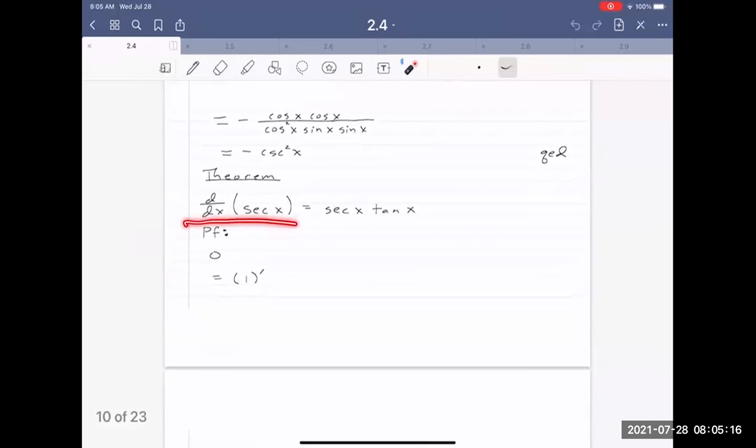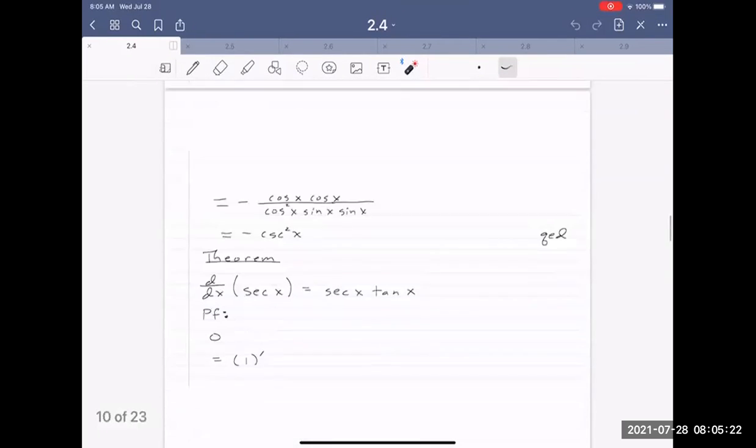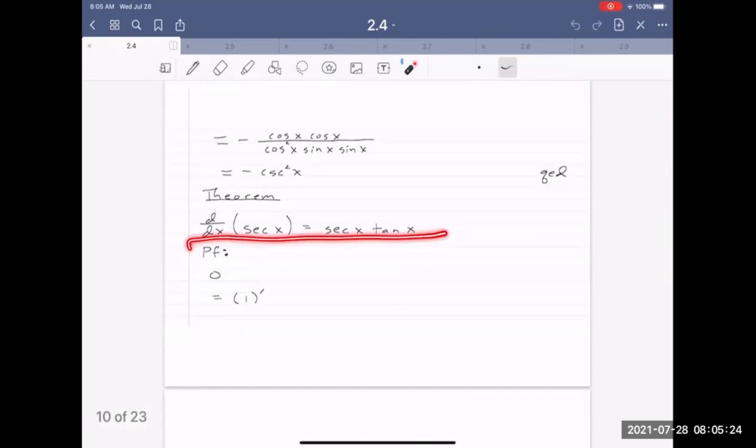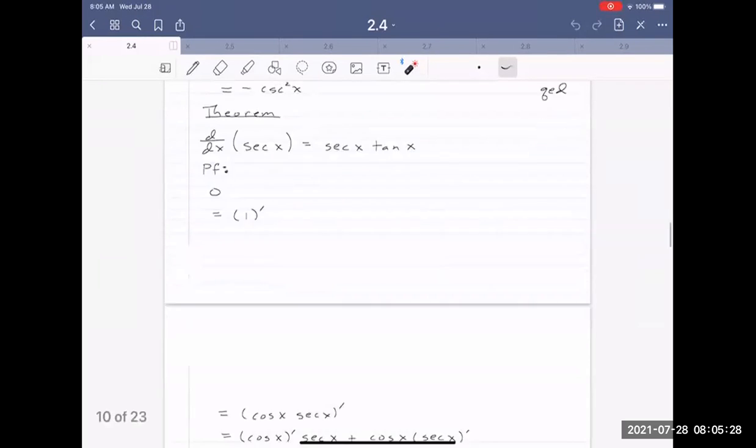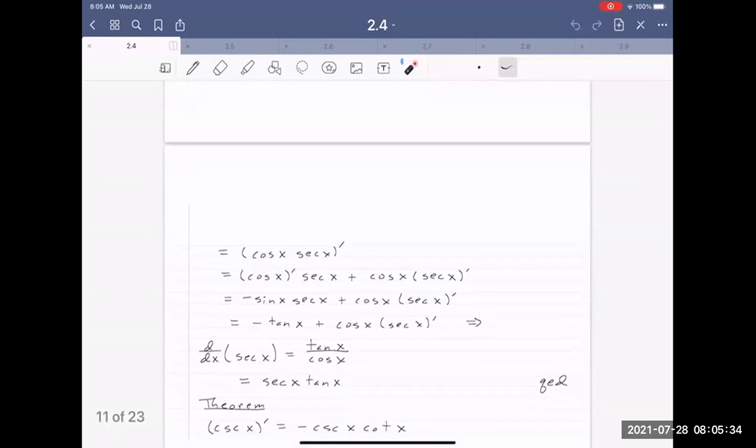Let's show that the derivative of secant x is secant x times tangent x. Well, 0 is equal to the derivative of 1, which is equal to the derivative of cosine x times secant x, which we can use the product rule on.